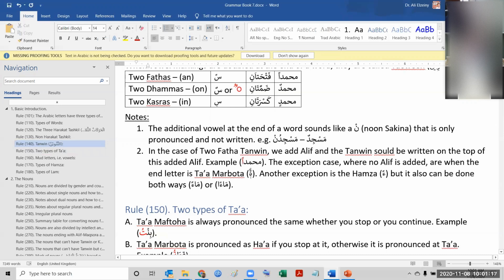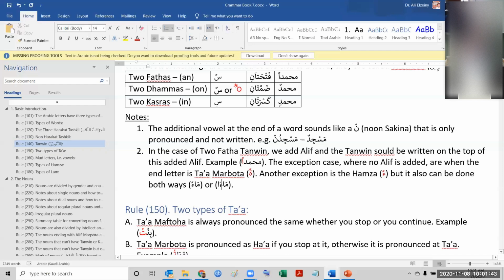Unless it's ta marbuta, then you don't do tanween for ta marbuta. Or if it's hamza, we don't do tanween. Ta marbuta cannot have tanween on it.